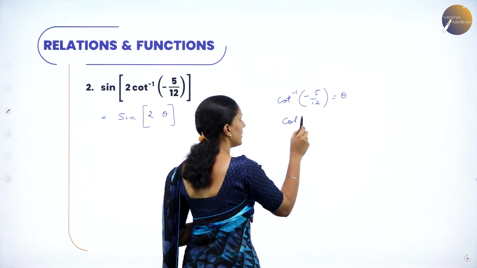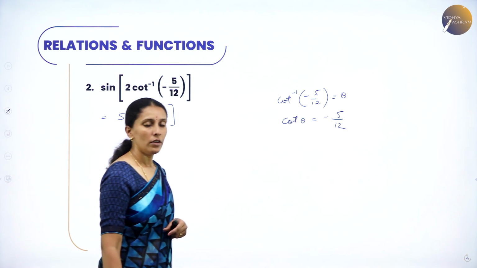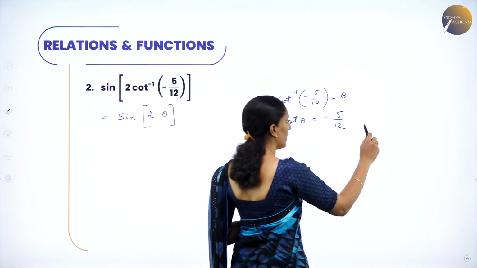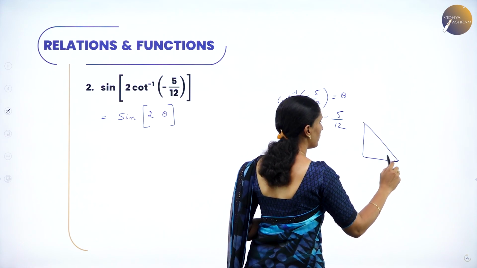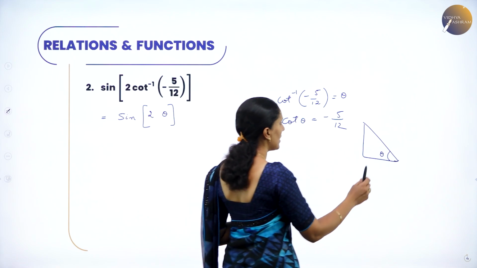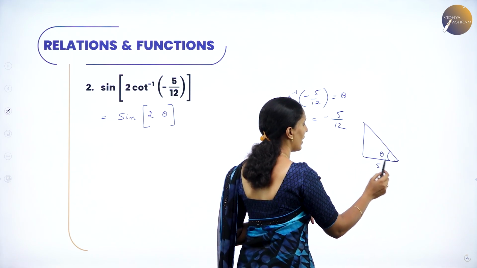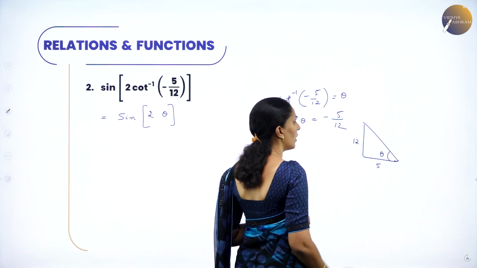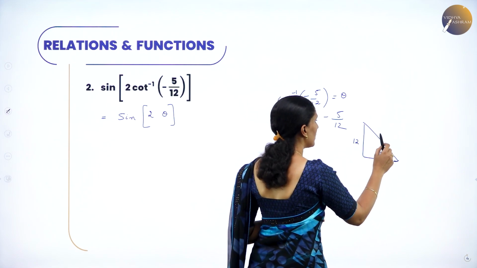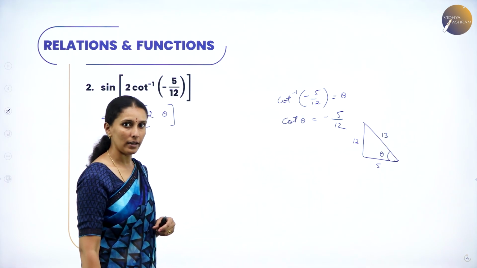Then cot theta becomes minus 5 by 12. So from the triangular property, if this is your theta, then cot theta is adjacent by opposite. So adjacent is 5, opposite is 12. So now the hypotenuse will become 13 from the Pythagoras theorem.